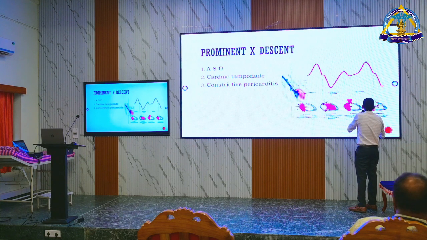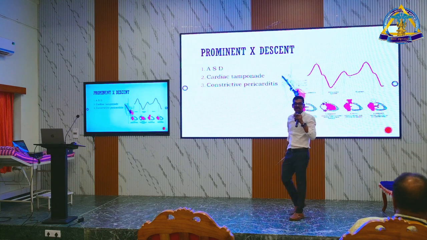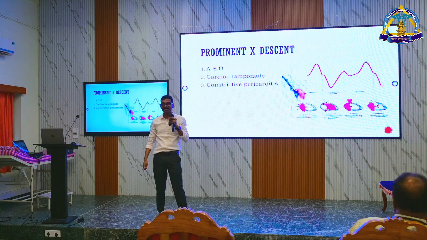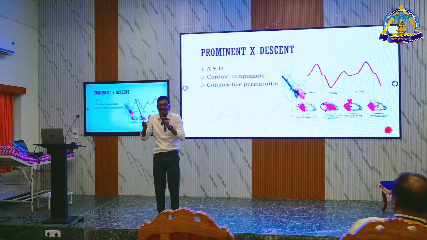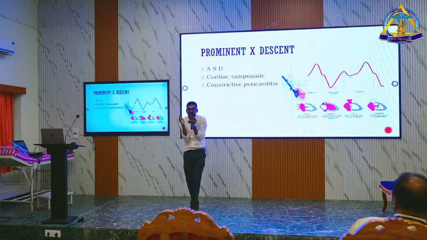Here it is a single unit. That's the difference. Suppose the ventricle has a problem with filling. What will happen to the Y descent? For example, in a tamponade situation the ventricle is compressed; in constrictive pericarditis, a thickened pericardium is compressing the ventricle. What will happen? The Y descent will go away, because that is the time when the ventricle is open to right atrial flow.